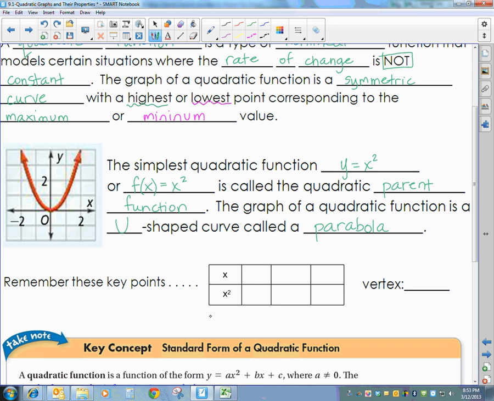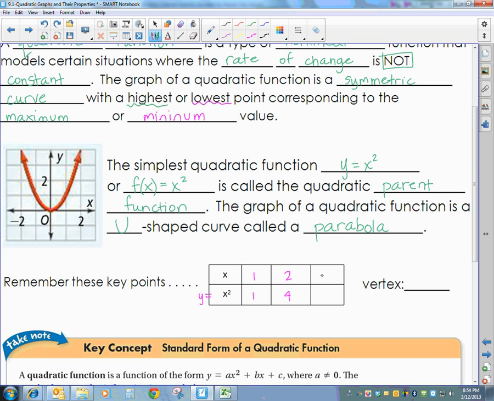Now, if we make a table of values, we have y equals x squared. I'm going to skip the 0, 0 point and come back to it. But if you put in x equal to 1, then 1 squared is 1. We've talked about that before. If x is equal to 2, then 2 squared is 4.